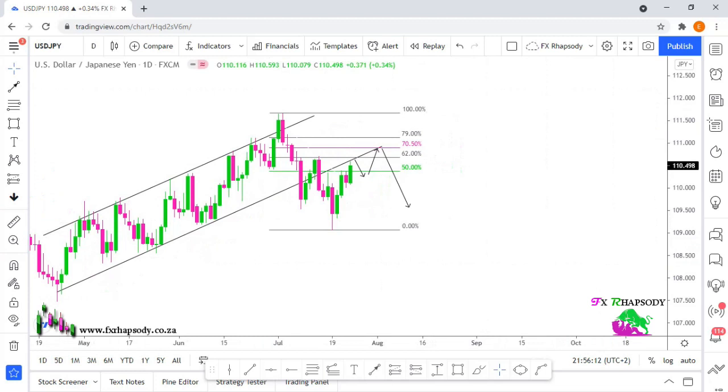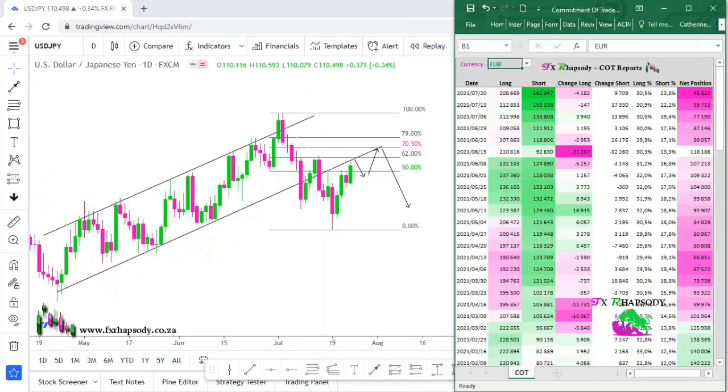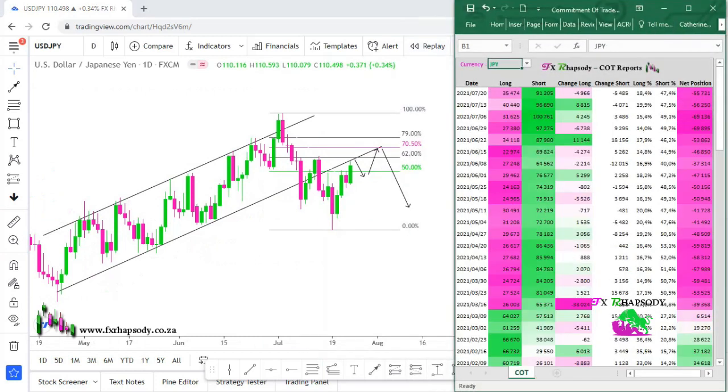Let's have a look here, talking about that. Let's look at the Japanese yen, what's happening here. So the Japanese yen went from a negative 69,000 to a negative 56,000 to 50. So you can see that the net position is getting smaller, meaning it's moving more towards the positive side.